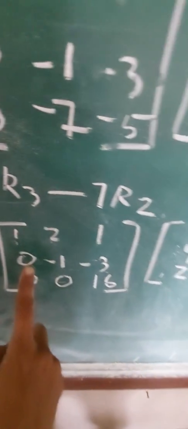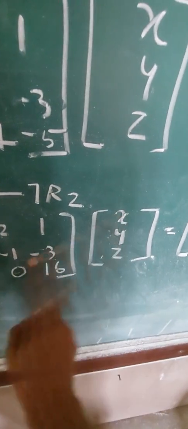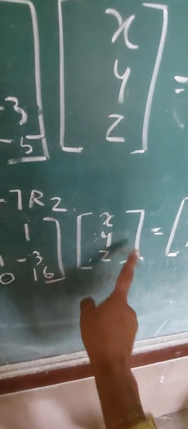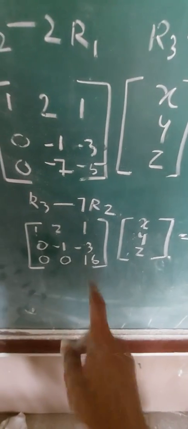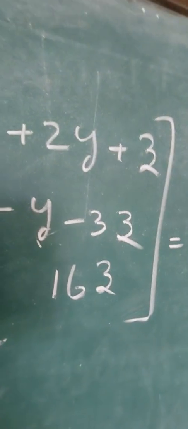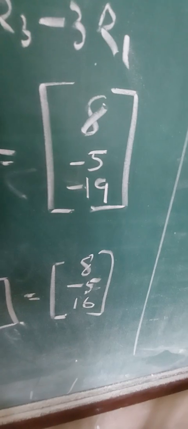Then 0x minus 1y minus 3z. Then 0x, 0y, 16z. So the LHS is the entire two matrices we multiplied. LHS we got this matrix. RHS is 8, minus 5, 16.